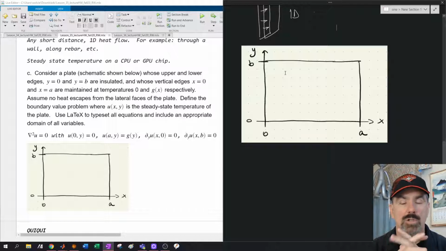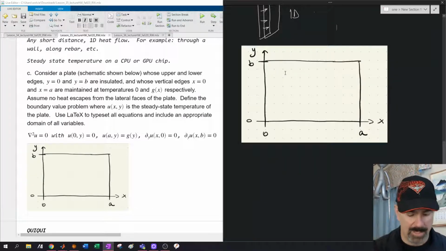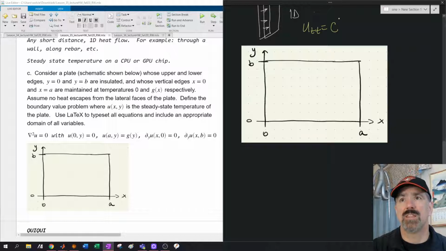We also look at the 2D wave equation, right? There's nothing prohibiting us from saying, wait a minute, we have a heat or a wave equation that looks like this, but why not again include the Laplacian and have a two-dimensional heat equation. So we look at things like vibrations on drum heads and things like that, because that's a two-dimensional wave equation.